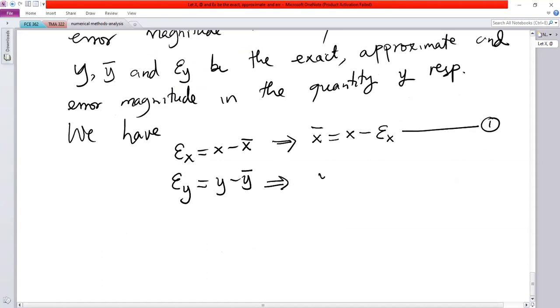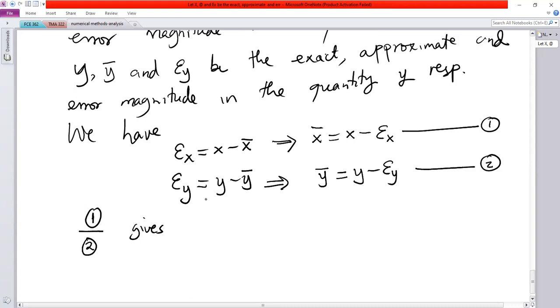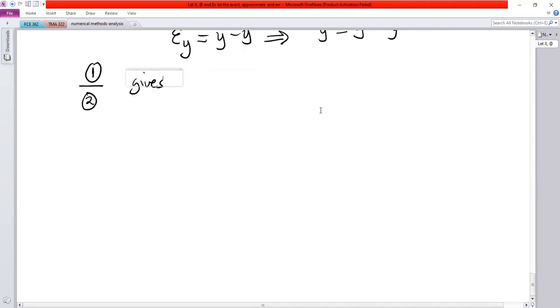This implies the approximate value of y is y minus error in y. Call this one equation 2. So equation 1 divided by equation 2 gives x-bar over y-bar equals x minus error in x over y minus error in y.